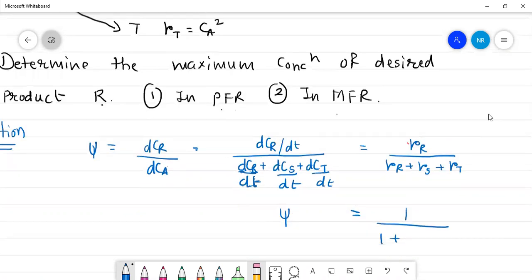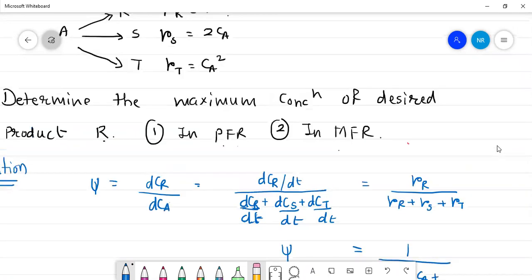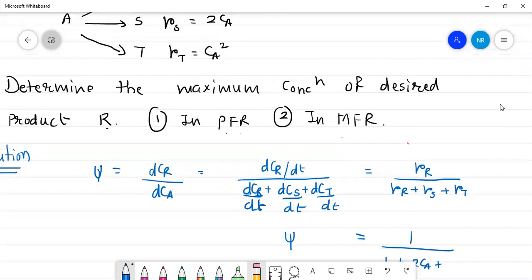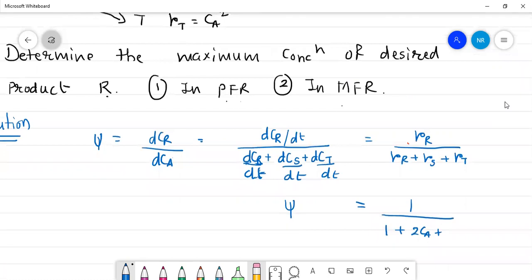It's 2CA, and rT is equal to CA square. Done. So psi is equal to 1 divided by 1 plus 2CA plus CA square.